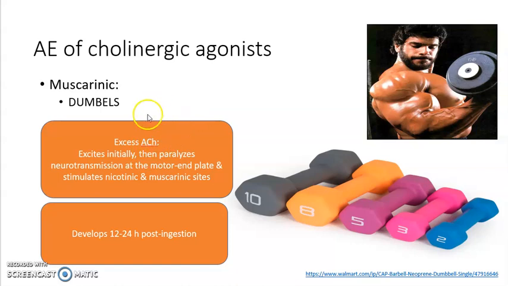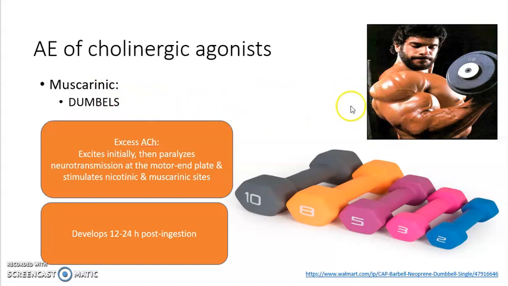So excess acetylcholine, initially it's going to excite the target muscle, the target organ, and then it paralyzes the neurotransmission at the motor end plate, and that's going to stimulate the nicotinic and muscarinic sites. Nicotinic in the preganglionic, and muscarinic at the postganglionic sites for the parasympathetic system.